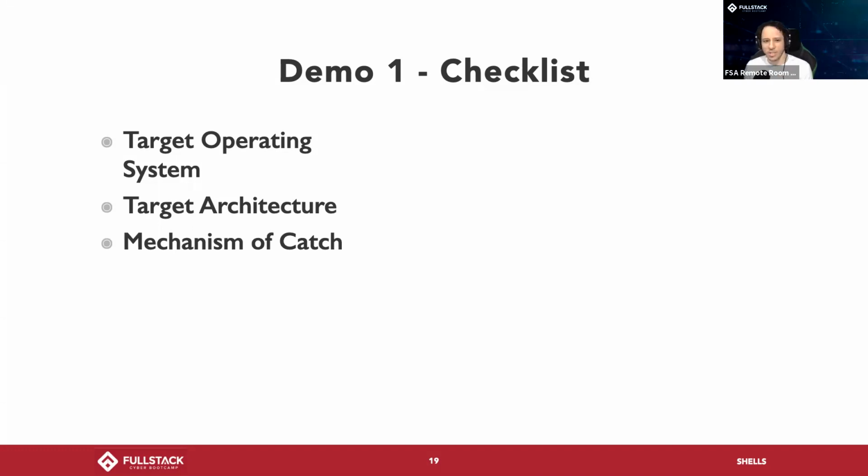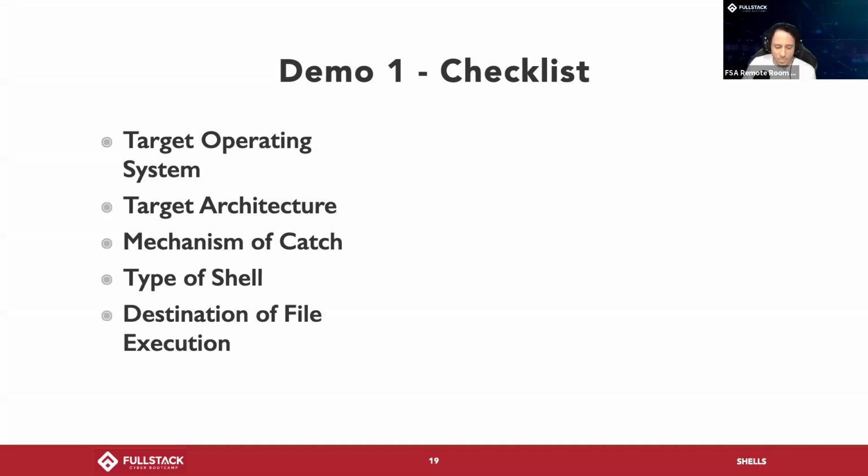So are we going to use NC or are we going to use Metasploit to catch it? I'm going to use NC because I'm going to use an unstaged payload at first. Okay, what type of shell do I want? I want a reverse TCP shell. And we'll put the destination of the file execution. So I'm going to want this as like an ELF file.